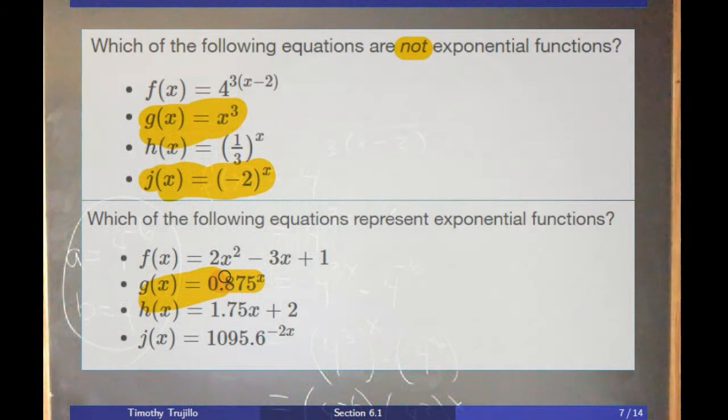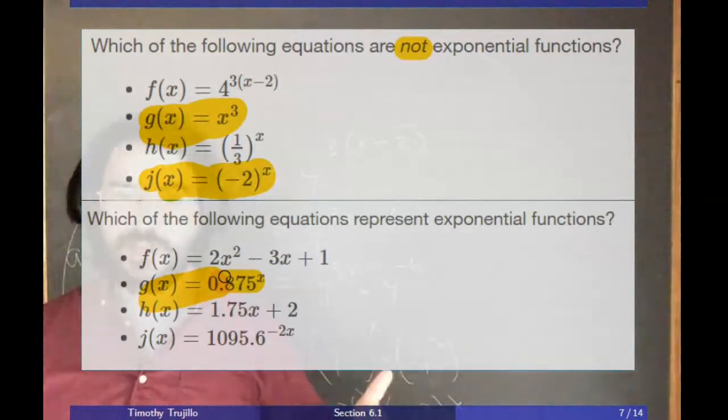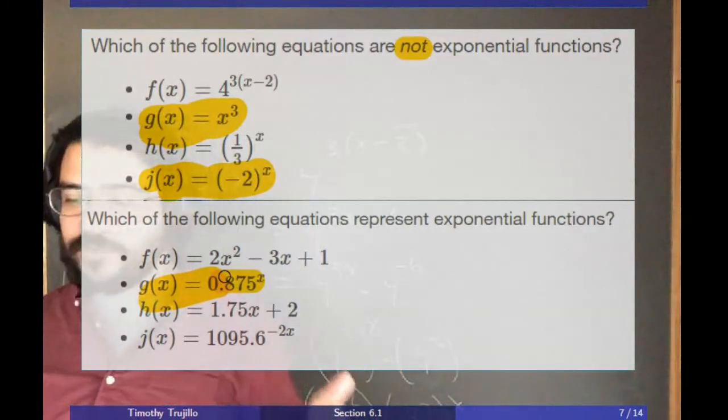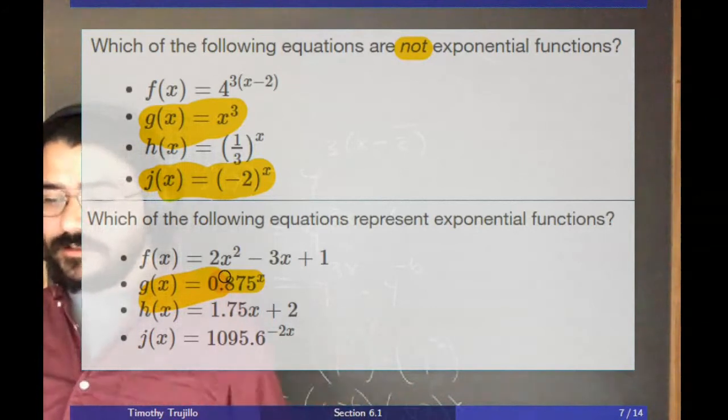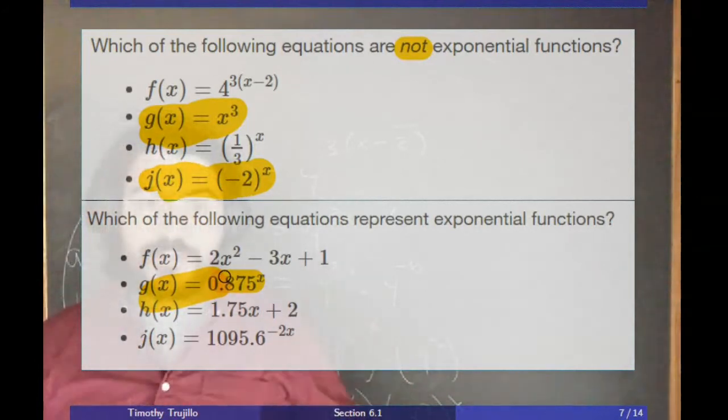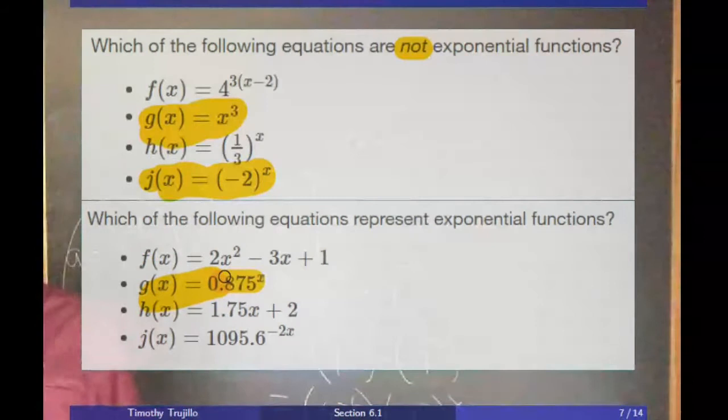Remember, the increase or decrease is based off of that value of b, and if it's less than 1, then it's going to decrease, right? So you're multiplying by 0.875 each time. And when you multiply by 0.875, you're just keeping about 87.5%, right? That's like the decimal there. So you'd be decreasing each time, okay? So in this case, because the b is less than 1, you decrease.